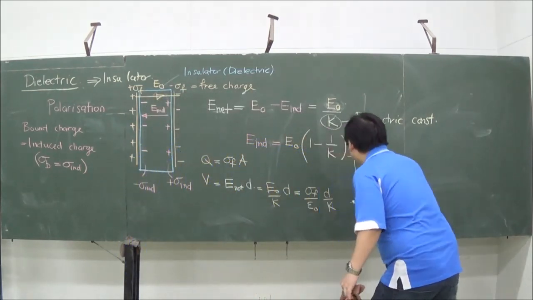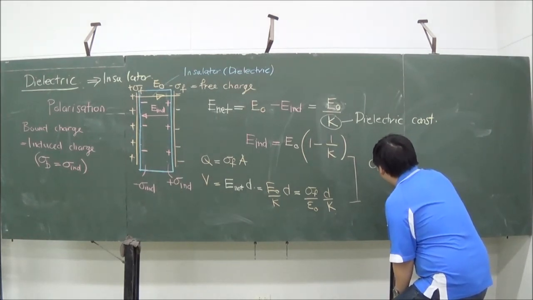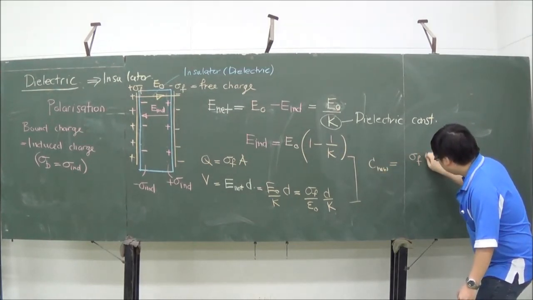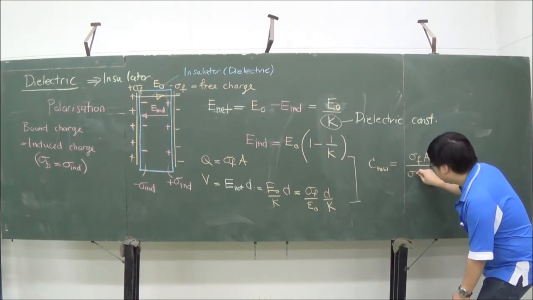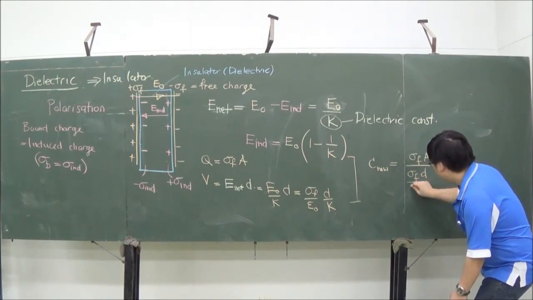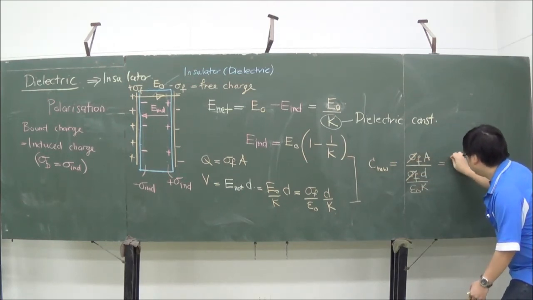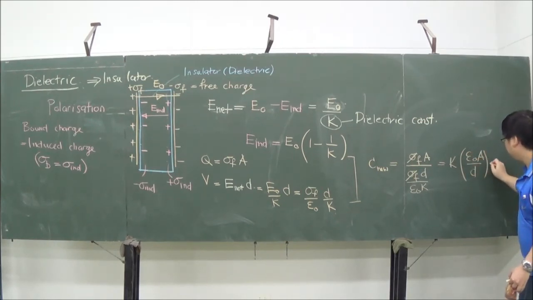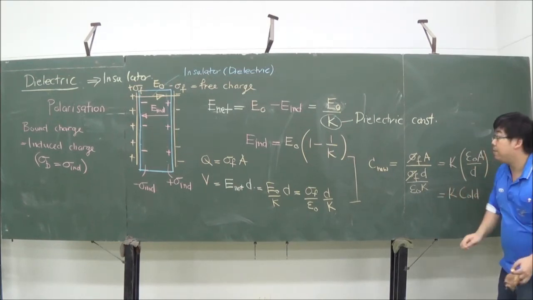Using these two, the new capacitance C equals Q over V. So you get sigma F A divided by sigma F D over epsilon naught kappa, and this sigma F cancels. So you get kappa epsilon naught A over D, which equals kappa times the old capacitance.